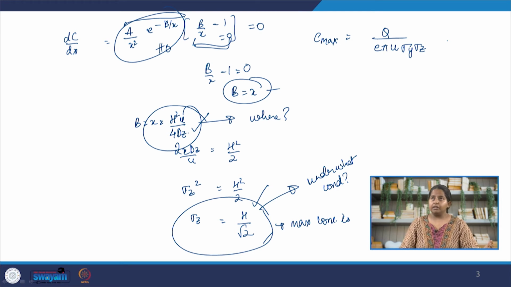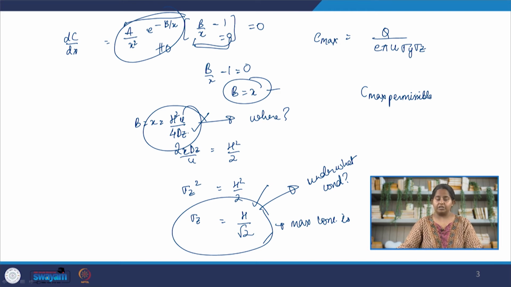For example, let's say some industry is releasing some amount of lead from their stack, or some mercury-based compound is being emitted in their smoke. If I know the maximum level of mercury that is permissible at ground level for human exposure, so I know the C max permissible, can I find out what should be the minimum height of the chimney? What should be the minimum height of the stack?